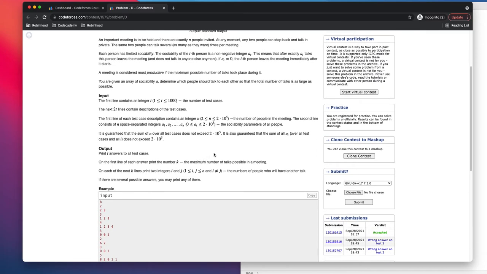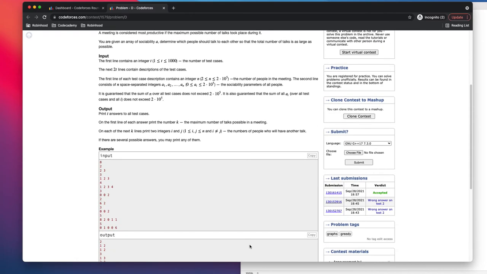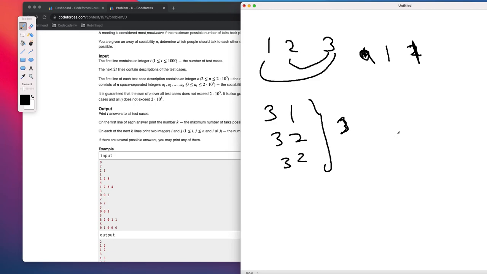Now one thing to note here is, I basically had a different idea in mind. Initially I took a priority queue and placed 1 2 3 in it. I was taking the first two smallest values next to each other, checking the minimum of them, making them talk to each other and cancelling that out, because that person can talk to this person once.